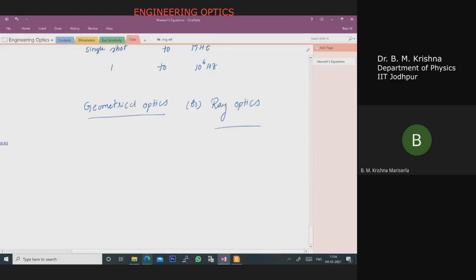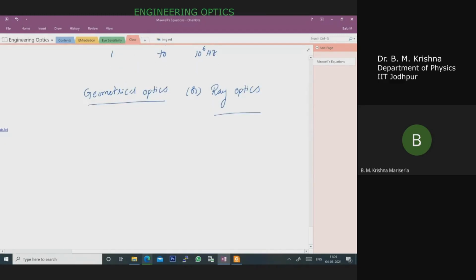I think this is very useful to design any optical system and for a better understanding. Mainly it describes light propagation in terms of rays. So in this method we will take the light beam as a ray, as an optical ray.